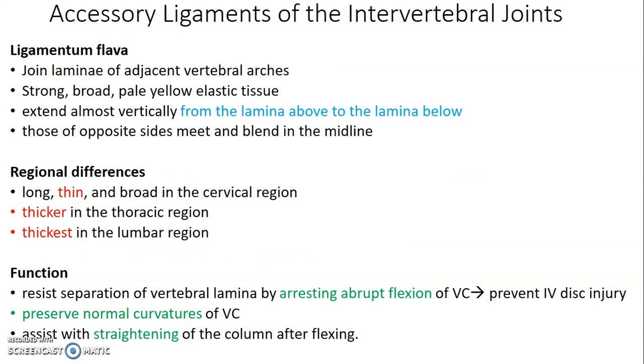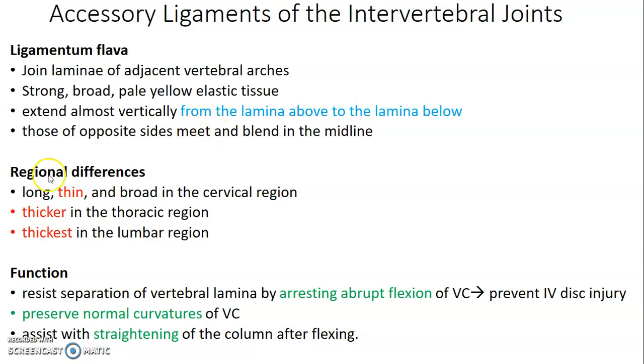So what are these accessory ligaments of the intervertebral joints? We have ligamentum flavum that unite two adjacent lamina. These are usually broad, yellow and strong elastic tissue that extend from lamina above to lamina below on both sides. Regarding regional differences, the ligamentum flavum in the cervical region is thin, and as you go downwards, it becomes thick, and they usually resist separation of the lamina by arresting abrupt flexion of the vertebral column.